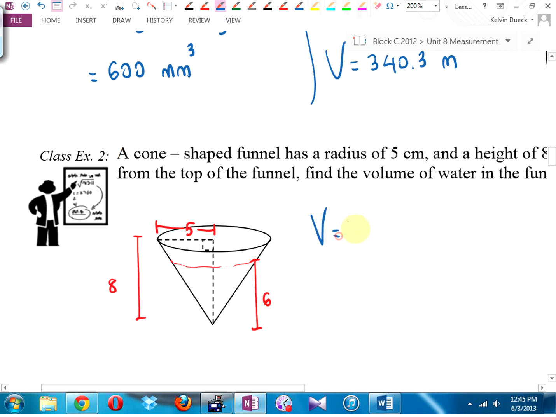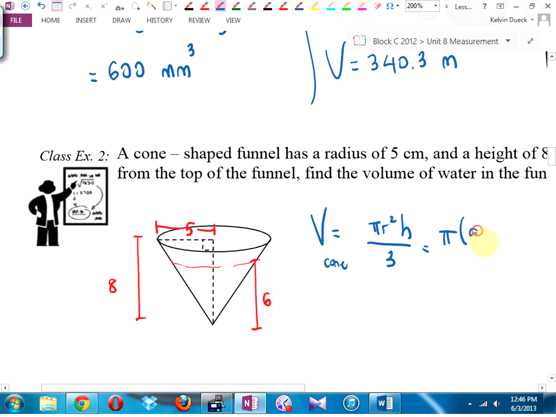Volume of a cone is what? Area of the base times the height divided by 3. Oh, area of the base, pi r squared h divided by 3.